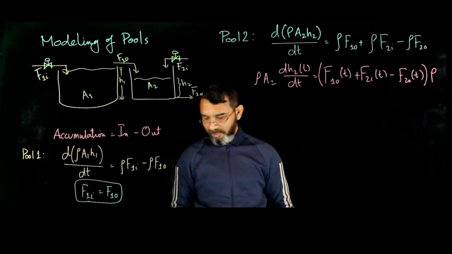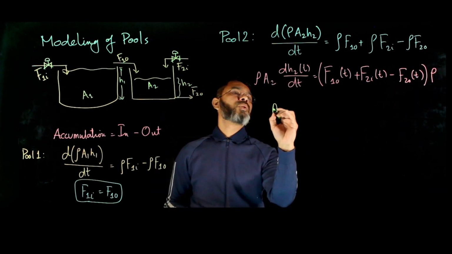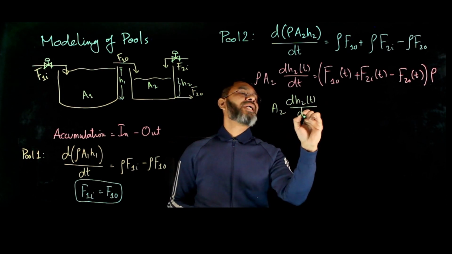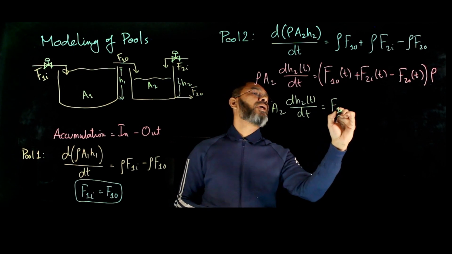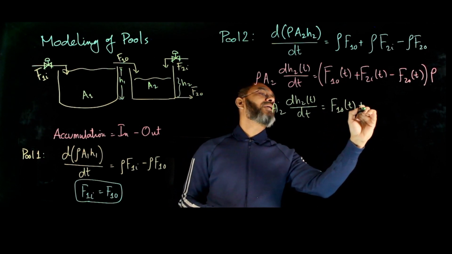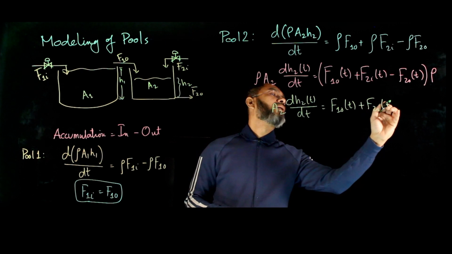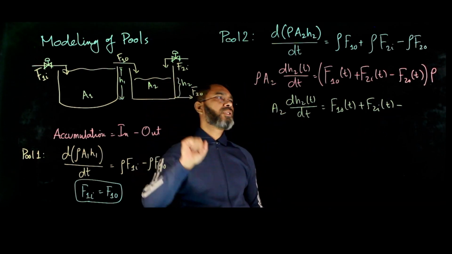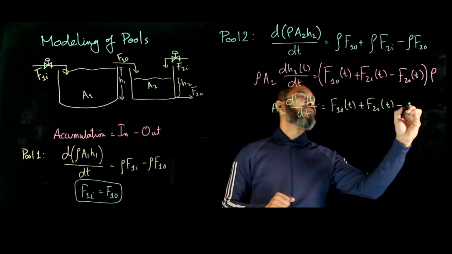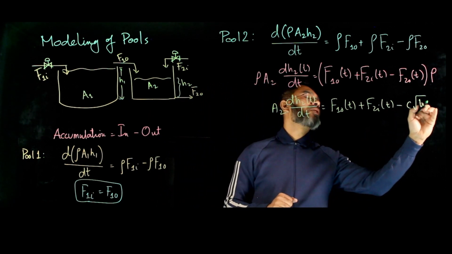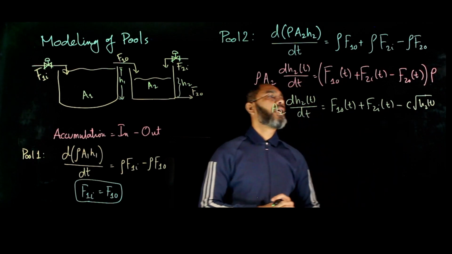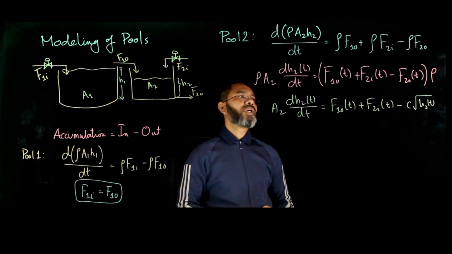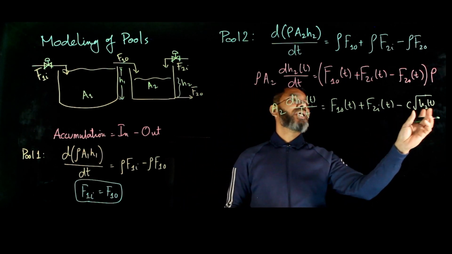Now if you further simplify this, you end up getting A2 dH2 over dt equals F1O(t) plus F2I(t) minus. Because this flow is due to gravitational force, we'll have some constant times the square root of H2(t), because the outlet flow will depend on H2, and the relation can be given by C2 square root of H2(t).